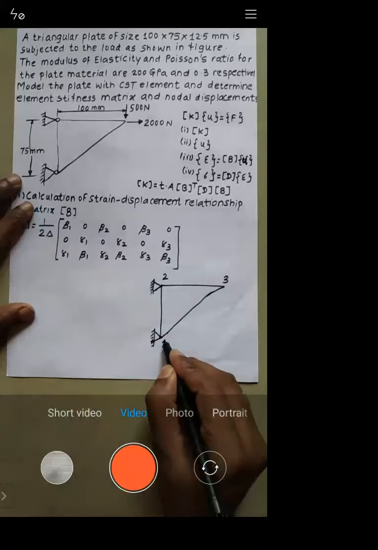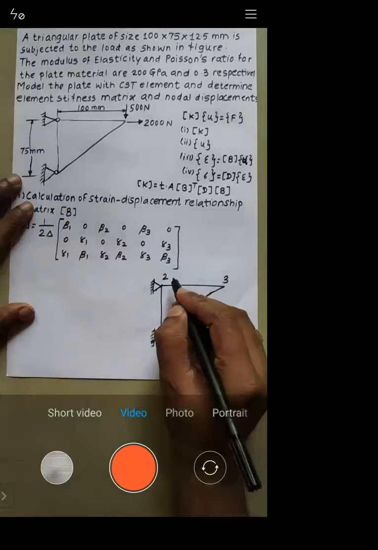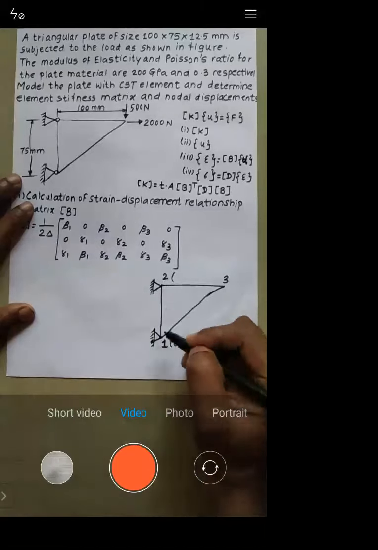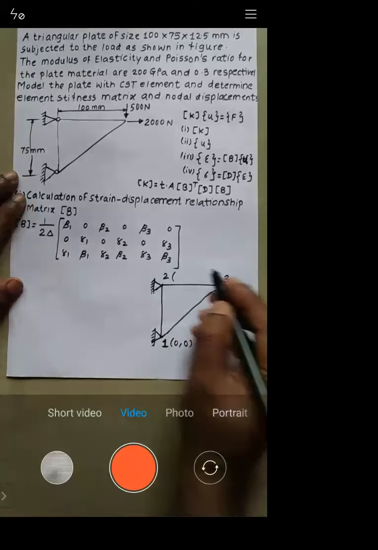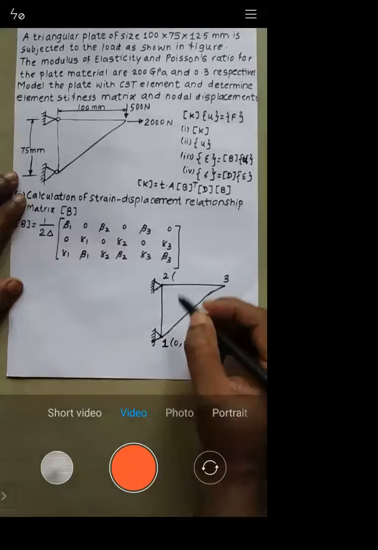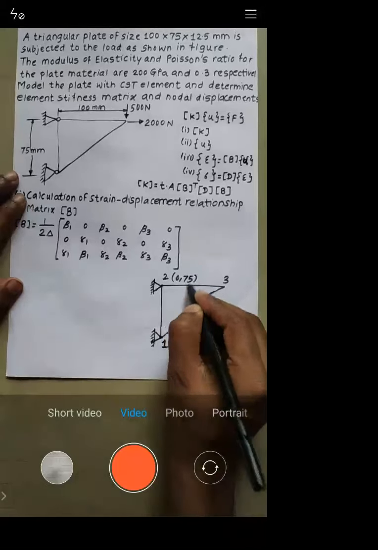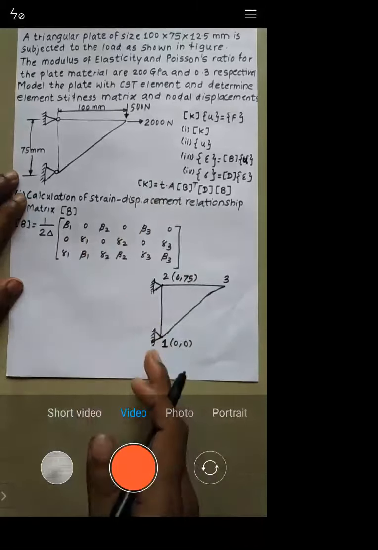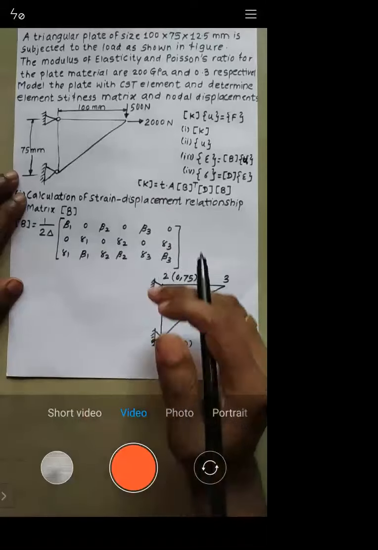As I told you, we will assume node 1 as the reference, that means with coordinate 0, 0. Locate node number 2 with respect to node number 1. What is the location of node 2 with respect to node 1? It is 0, 75, because both 1 and 2 are at the same x location, but they have a vertical distance.